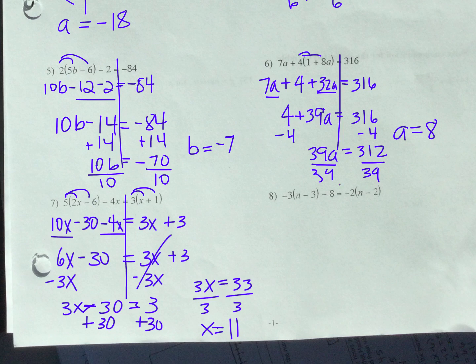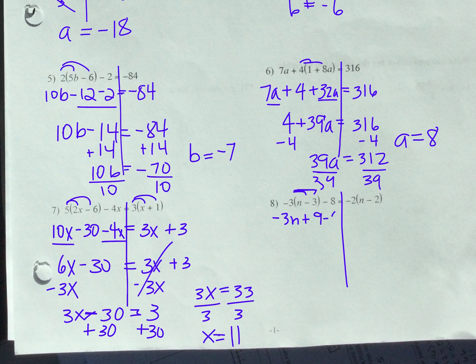All right, one more on this page. We got to do some distributing again to start with. I'm going to distribute this. Negative 3n plus 9 minus 8 equals negative 2n plus 4. Now we need to do old school baby math. 9 minus 8, negative 3n plus 1 equals negative 2n plus 4.